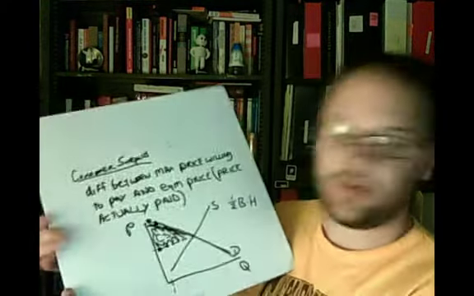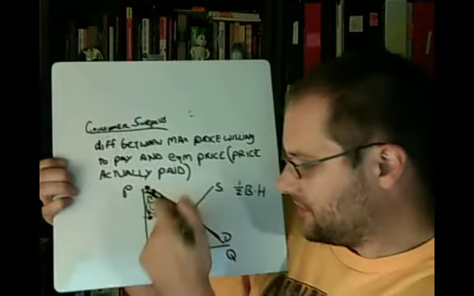Now, how could we alternatively calculate that? One thing we could do is use the area of a triangle equation, which is 1/2 base times height. We're going to need 3 pieces of information.